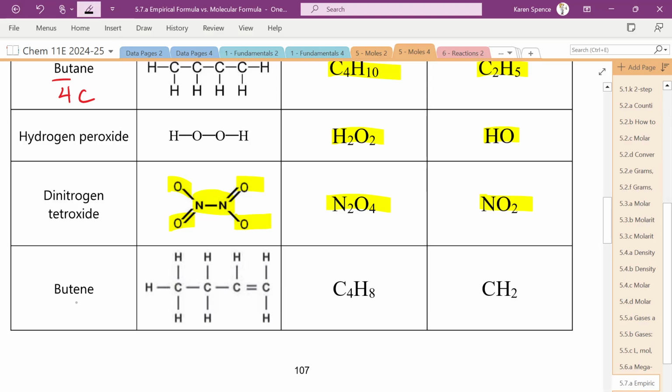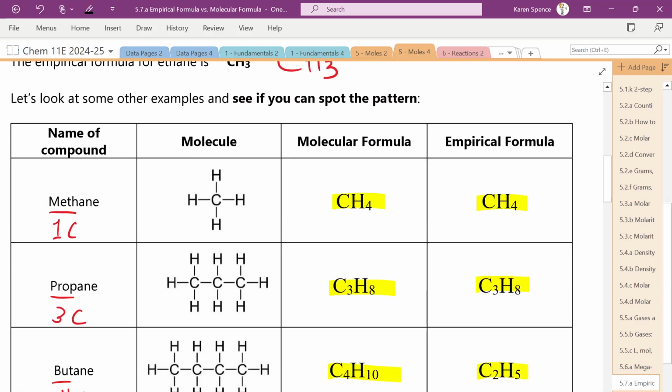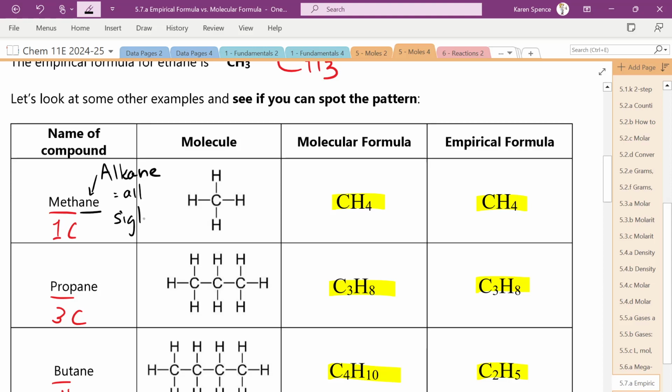And just so you know, that ene ending tells you that we have an alkene, which I don't think we've talked about before. Okay, and if we go up here, if you remember, the ane is for an alkane, and alkanes have all single bonds.